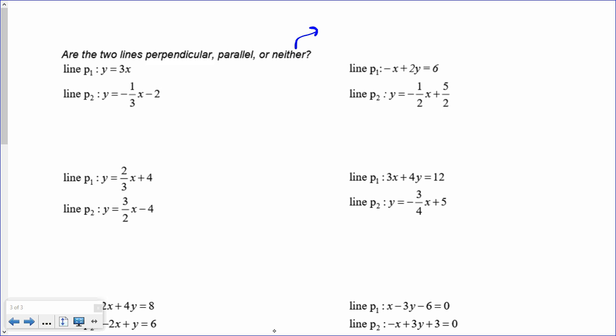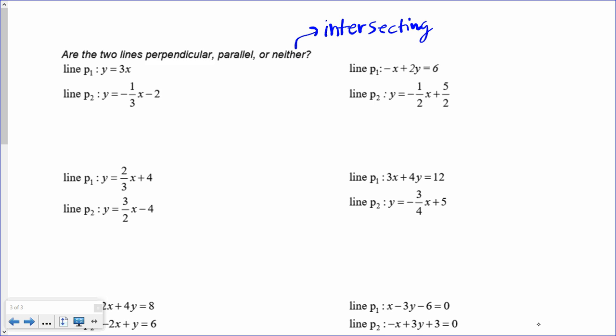Intercept. There you go. So lines are either parallel, perpendicular, intersecting at 90-degree angles, or they're just randomly intersecting. You can use the word neither because we're trying to see which type it is, but intersecting is the official name of lines that just cross each other randomly.